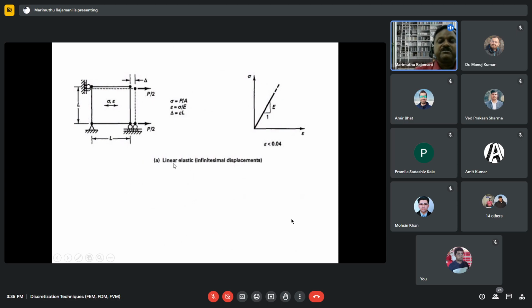Linear elastic means the displacements are small, and the stress-strain relations are linear. It always goes in the same form only.